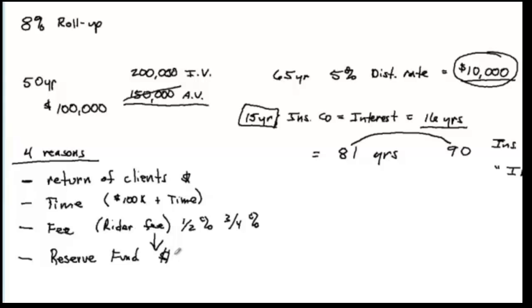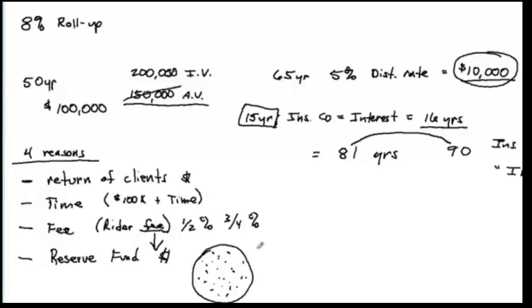Now the reason this is important is that you have this big pool of policyholders, right? They all have their different policies, and let's say all these people have the income rider, and they're all paying this fee, this rider fee, and so it goes into this reserve fund. Well, not everybody's going to do the same thing.